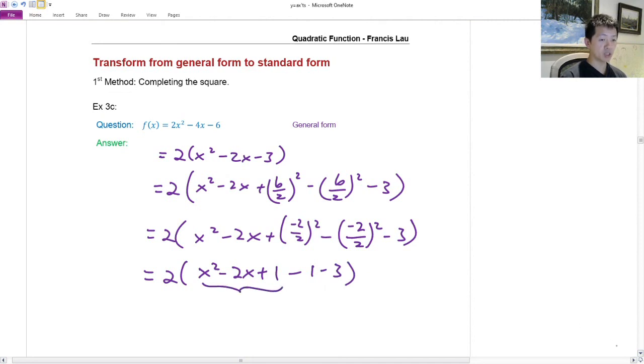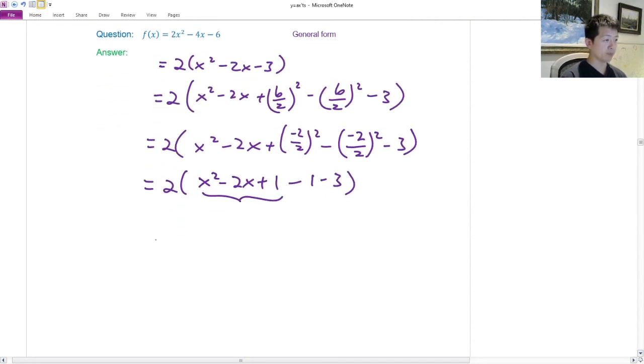So the first 3 terms is the perfect square equals x minus 1, because the negative sign follows here, and then it's the square root of the 1, which is 1. So this is square minus 4. Minus 1 minus 3 becomes minus 4. Now I just need to multiply the 2 inside the big bracket. So it becomes 2 times x minus 1 square minus 8.